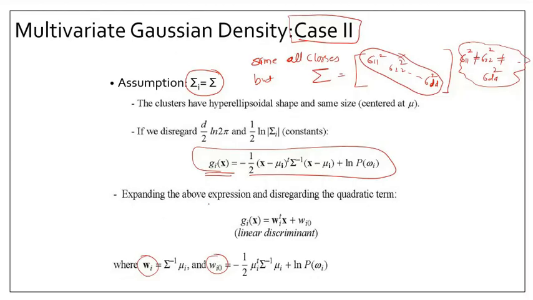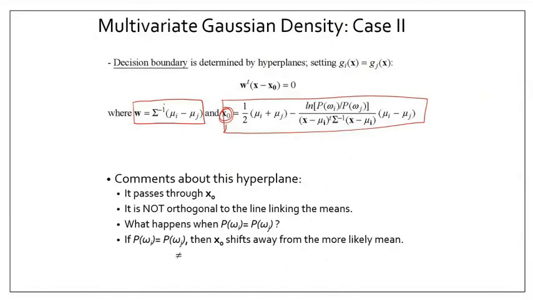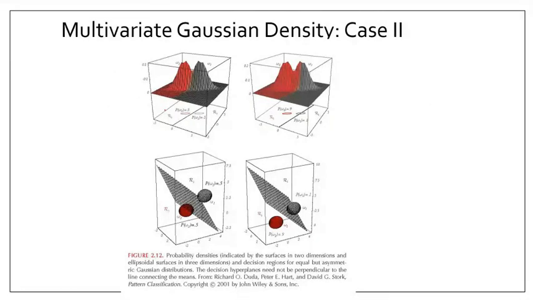Then you will see that this sigma inverse is appearing here and this sigma inverse is appearing here. If the diagonal elements were all the same, then this would disappear. Now this will exist, but still you will see that whatever I obtain is again a line or plane.